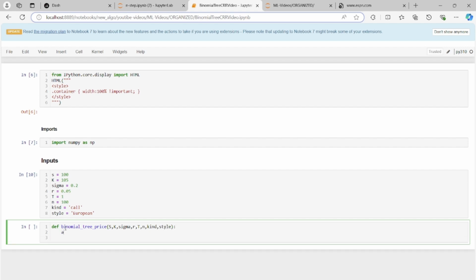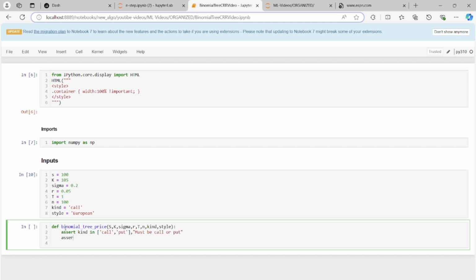So first, let's do a few asserts. Let's do assert kind in call, put. Must be call or put. Assert style in European, American.